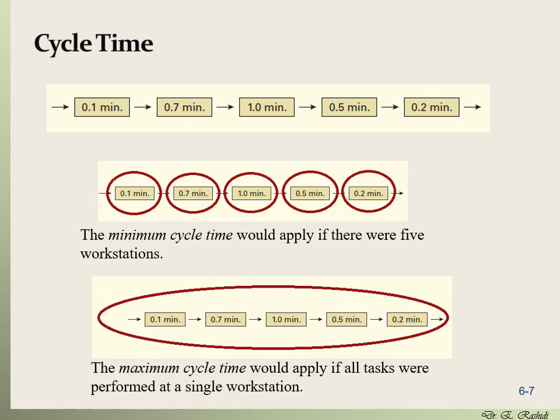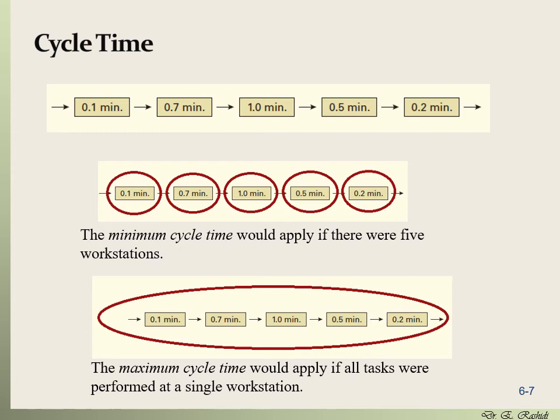The cycle time would actually depend on how you design or balance the workstations or the line. That means, how would you bundle these tasks together as different workstations? The cycle time would be bounded by two extreme cases.